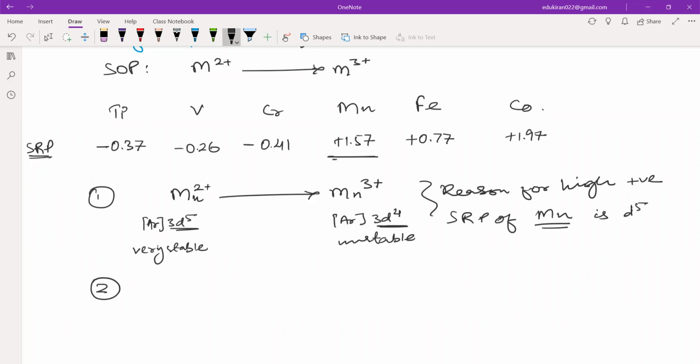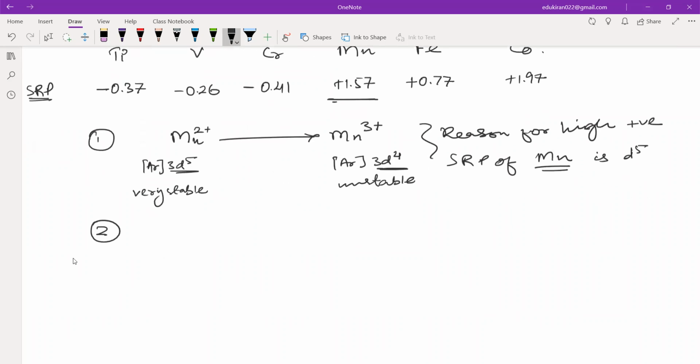Next, if I look at Fe, Fe2 positive has the electronic configuration of argon 3d6.